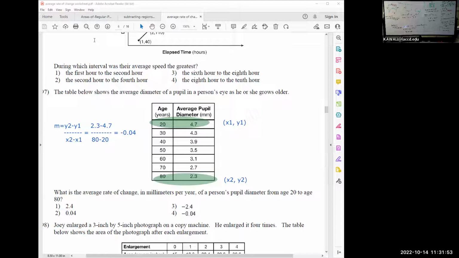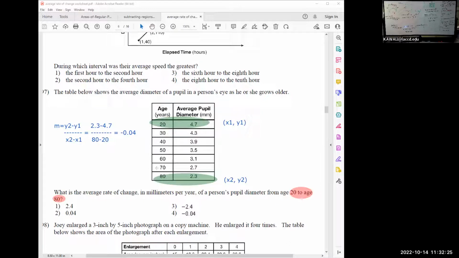Can we pick any, like 20 and then after that 30, and then do this? No, we can't. The reason why is down over here. You have to be real careful because they'll give you a starting and ending value. If we look at this down here, see how it says it's asking for average? Yeah, but remember, average over what range?